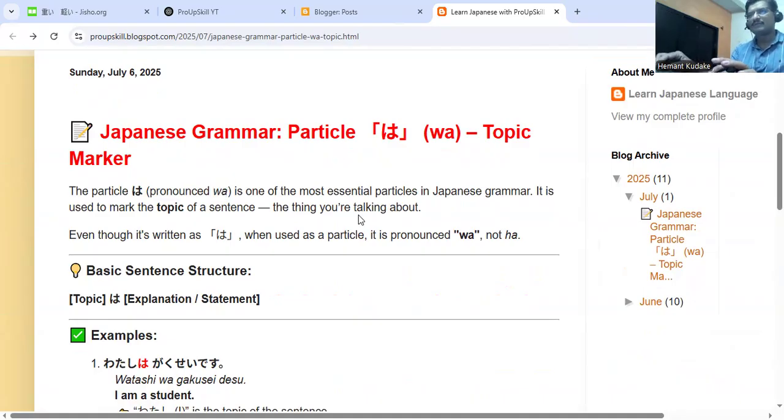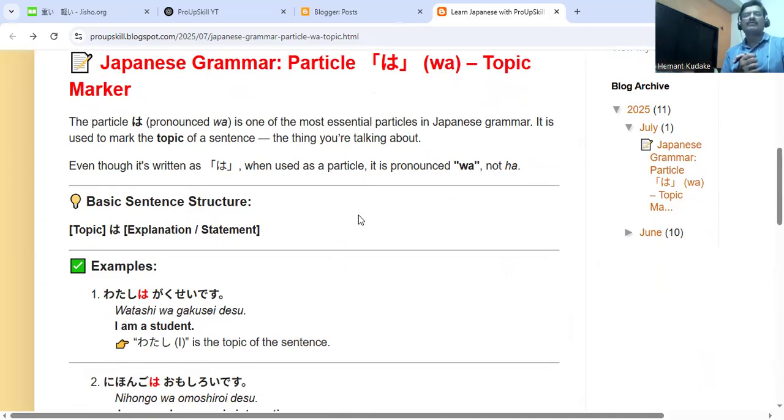So I will tell you quickly. Particle wa is used to show the topic of the sentence. It is used to tell the topic or subject of the sentence, the person or thing you are talking about in that sentence.